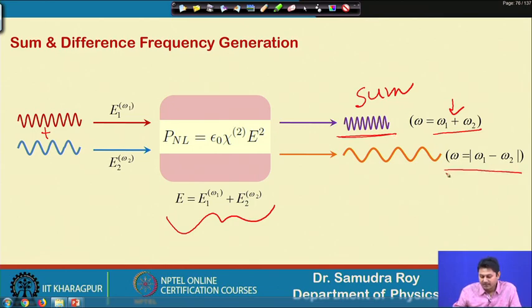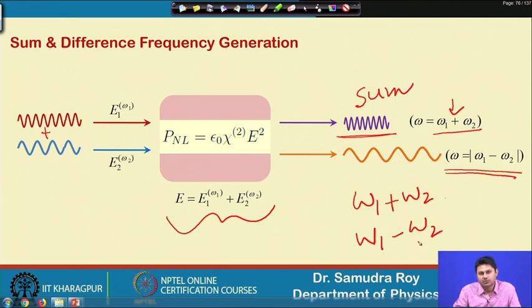And we also have another frequency component, omega, which is the difference between two frequencies. So, in the first case we have omega 1 plus omega 2, and in the second case we have omega 1 minus omega 2. One important thing you should note is that here we put a mod sign, because we do not know which one is greater, omega 1 or omega 2. So, the difference between these two frequencies is what is important. It might be omega 1 minus omega 2, it might be omega 2 minus omega 1, but the difference is important.